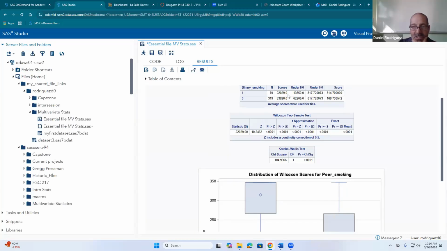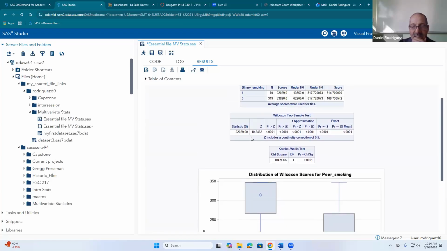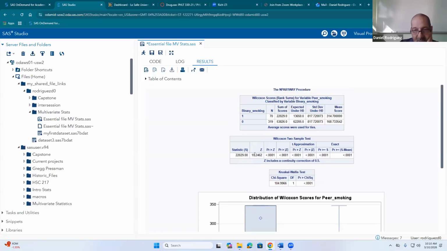So the sum of our scores is 22029. That's our test statistic. Our z-value is 10.246, and the probability of a value this large or larger, given the null hypothesis is true, is less than 0.0001. We don't really need the exact test here because we were dealing with a large sample size. So this is pretty much all we need.